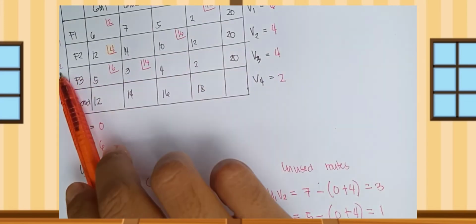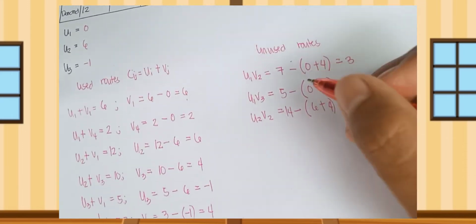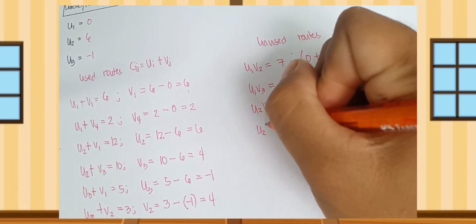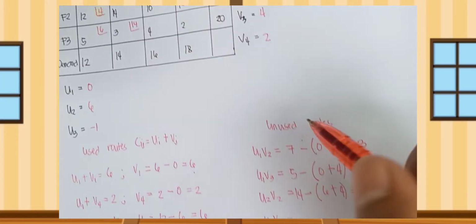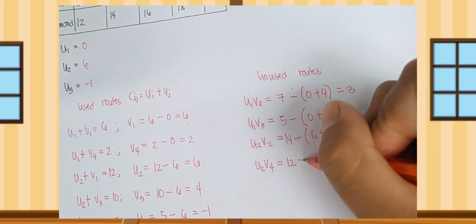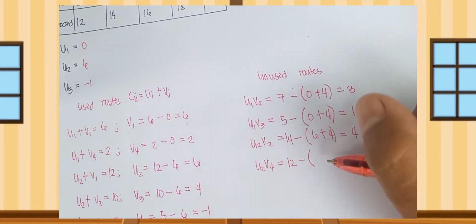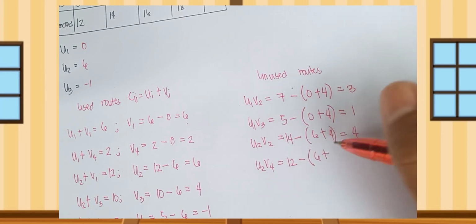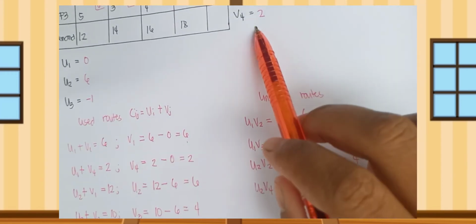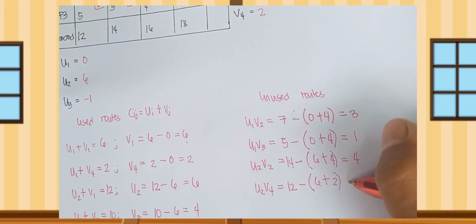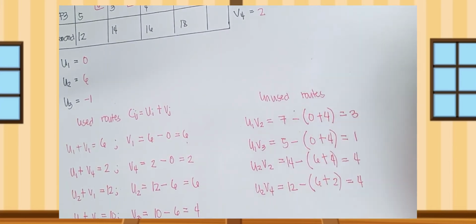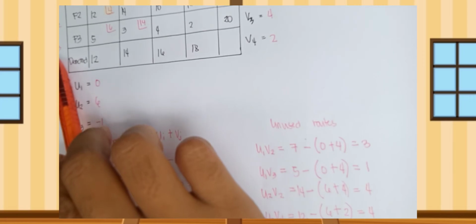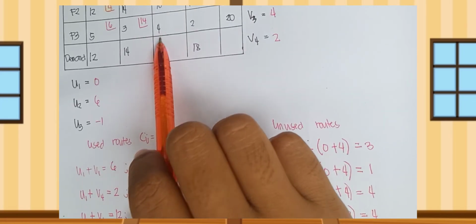Then the next one we have U2 and V4. So the Cij of 12 minus the value of U2, which is 6, plus the value of V4, which is 2, is equals to 6 plus 2 is equals to 8. So 12 minus 8 is equals to 4. The next one, which is U3 V3.